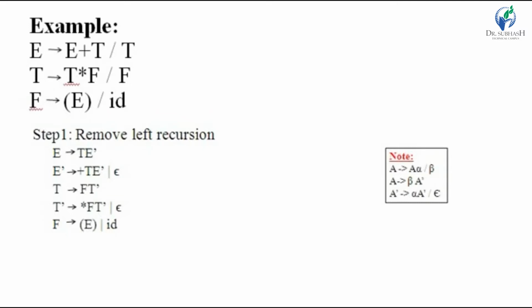The data structures used by an LL(1) parser are the input buffer, the stack, and the parsing table. Any parser works by reading the input string and the current input symbol.